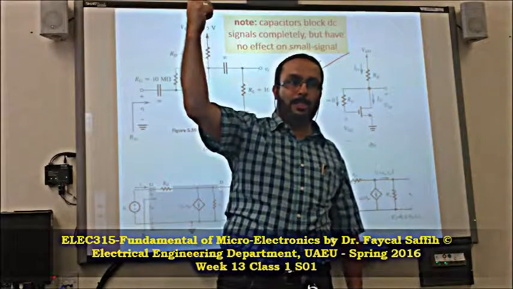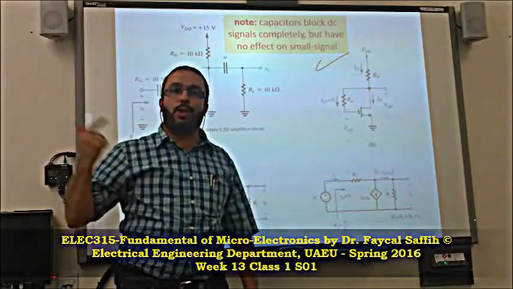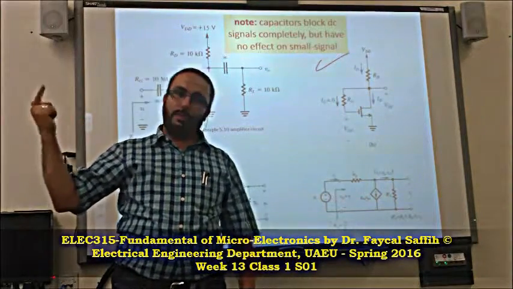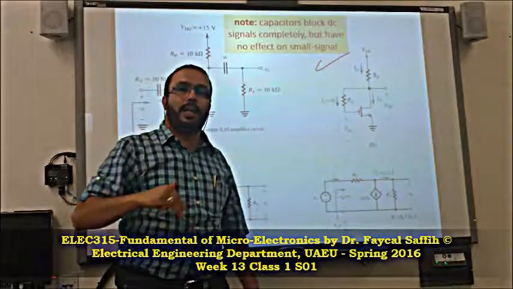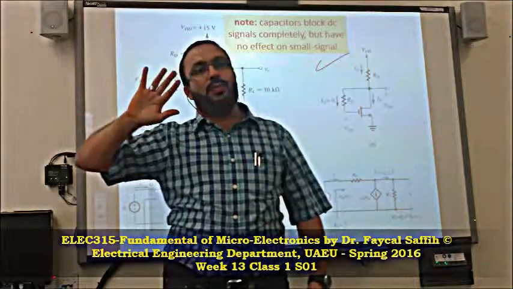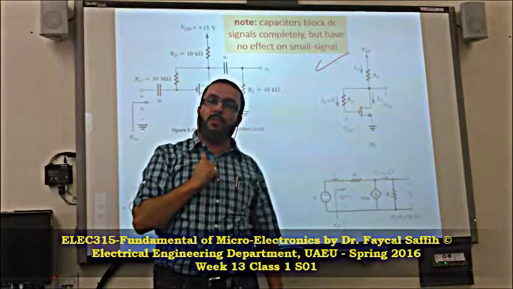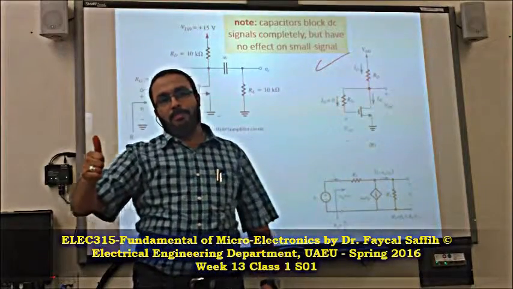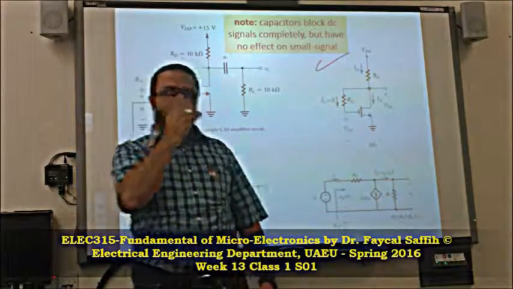So we need to find GM. We will find other parameters later on: the input resistance, output resistance, voltage gain, and current gain. But these are AC parameters, which we find in the AC analysis. In the DC analysis, the first and foremost important thing is GM, because GM is the amplification factor. We'll see it starting today.